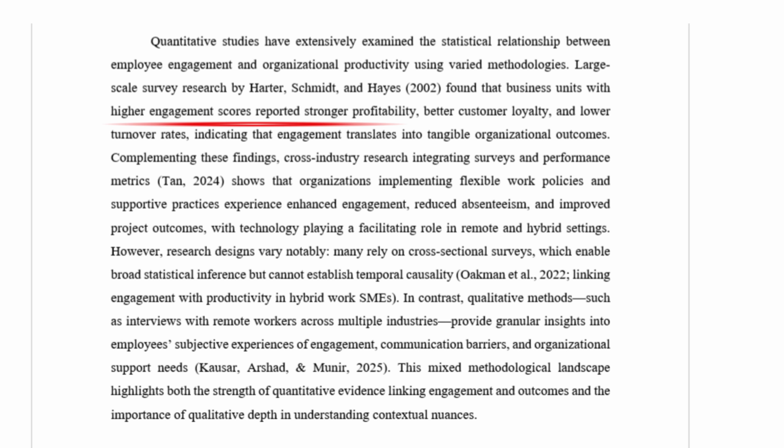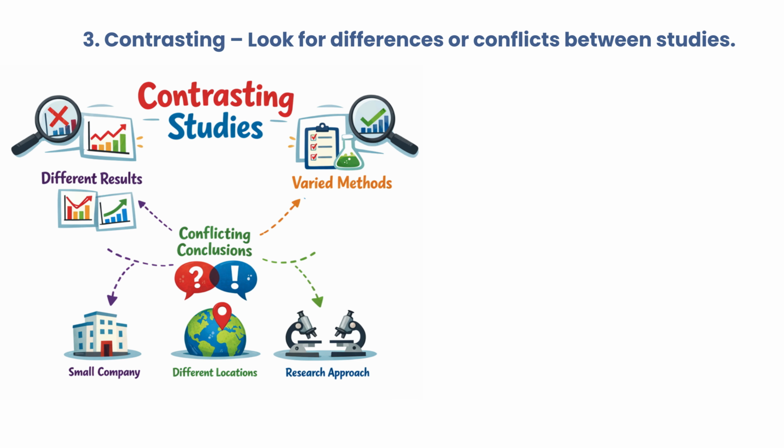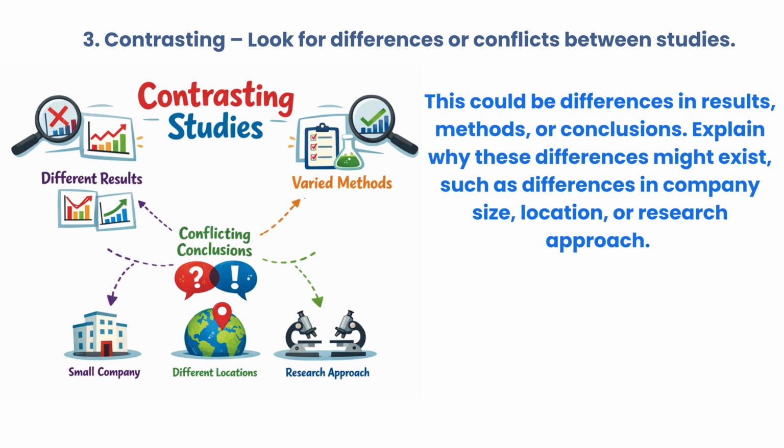For example, several studies might show that higher employee engagement increases productivity. You can compare the methods, like surveys or interviews, and the types of organizations to show the pattern. 3. Contrasting. Look for differences or conflicts between studies. This could be differences in results, methods, or conclusions.